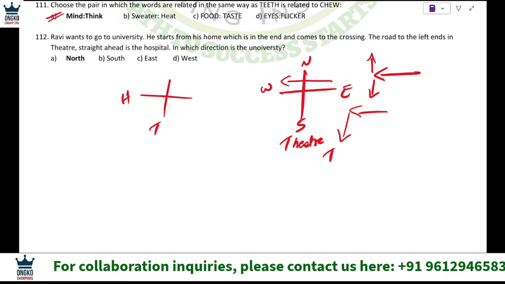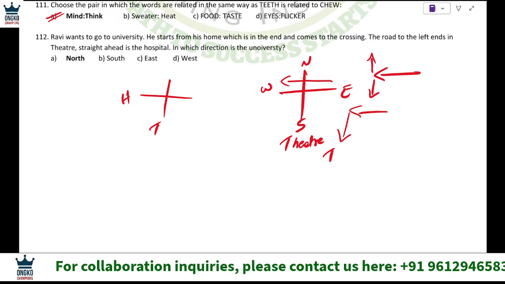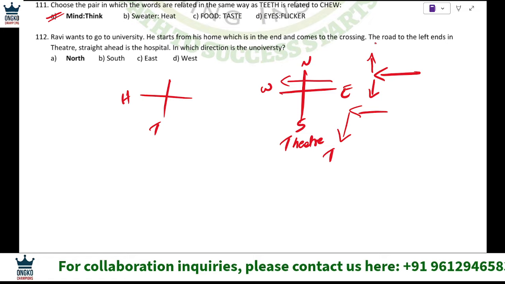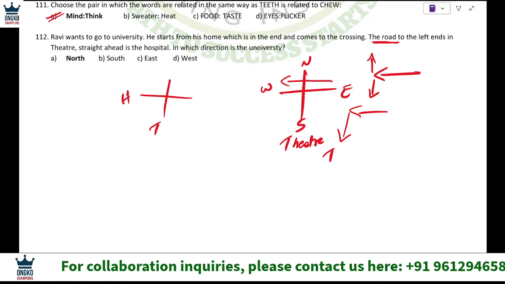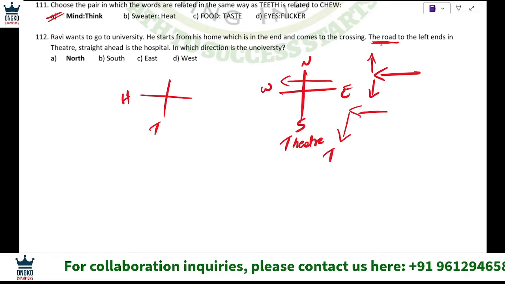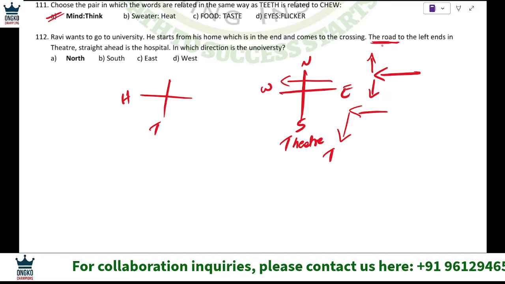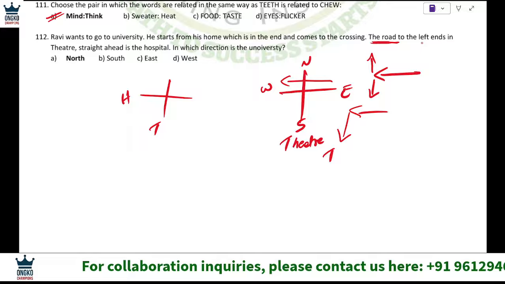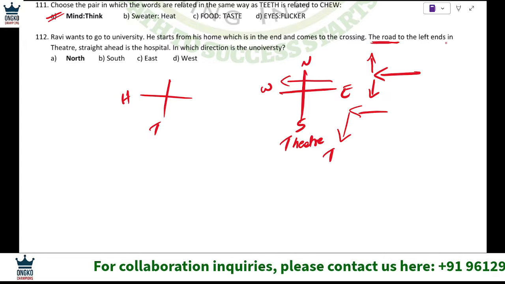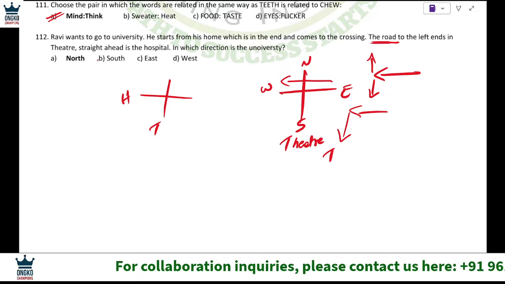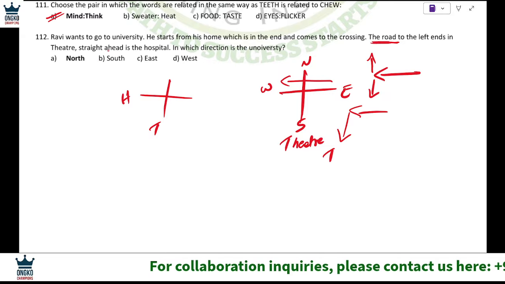Now if the road to the left ends in a theater. Okay.